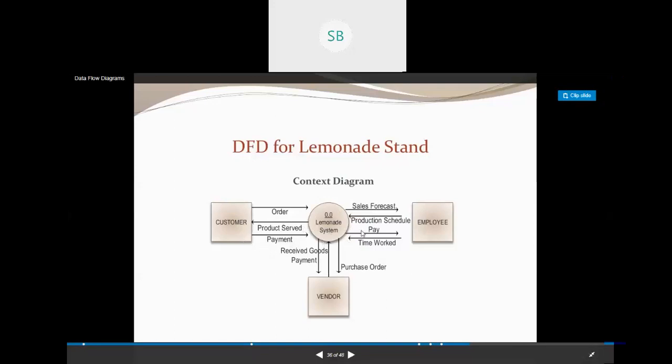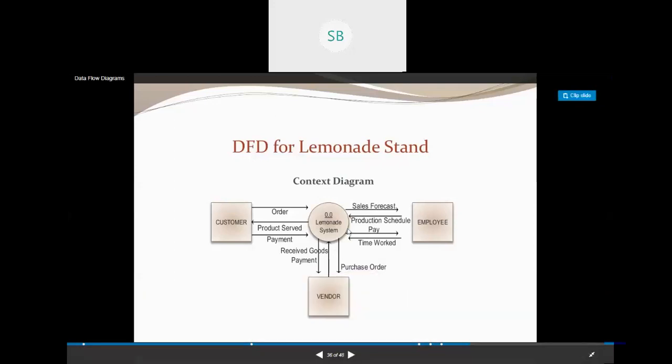Similarly, the employee's production schedule is the data provided to the process, then he gets the sales forecast. The process pays the employee, who works for it, and then time worked. So these are the incoming and outgoing flows. This is the context diagram.